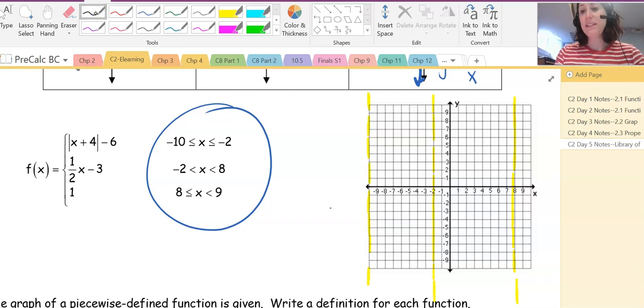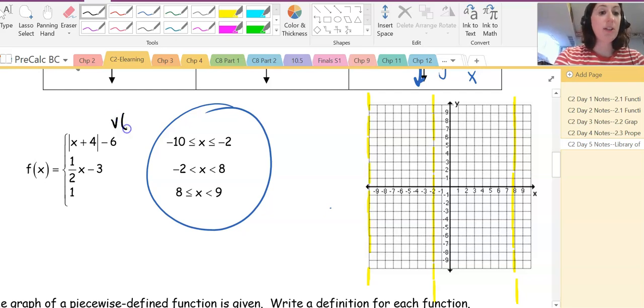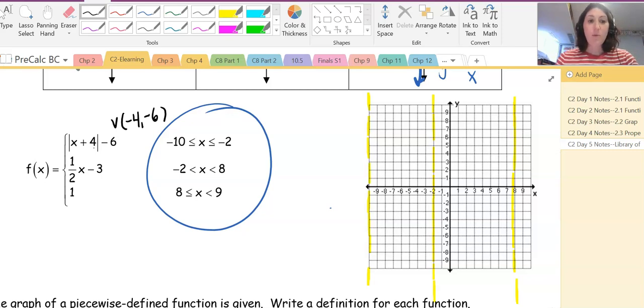This first piece is an absolute value graph, and this is something you need to be really careful with because people forget about the vertex. So I would identify the vertex of this absolute value graph first, and that would be -4, -6. So you're changing the value inside with the x, and then the value outside, we stay the same. So that's one thing to find, and I'm going to plot that.